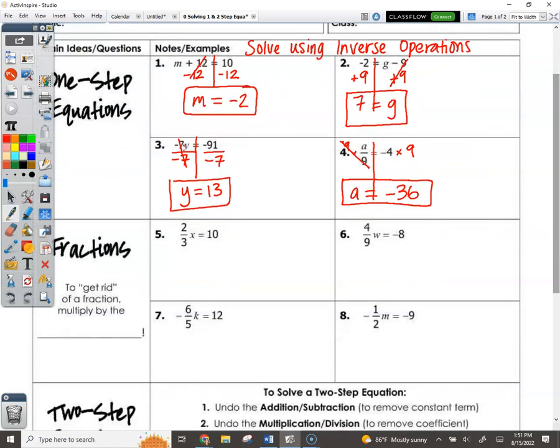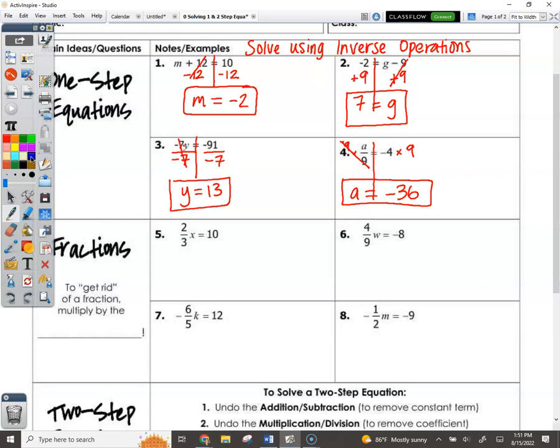Alright, look at this. What if we have fractions? Now that last one was a fraction, but it was the variable over a number, so all you had to do was multiply by the denominator, the 9. This time it's an actual numerator and denominator fraction times the variable.